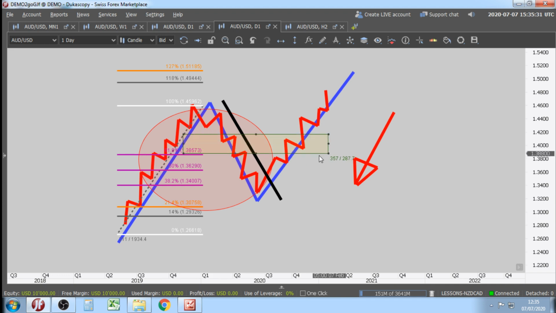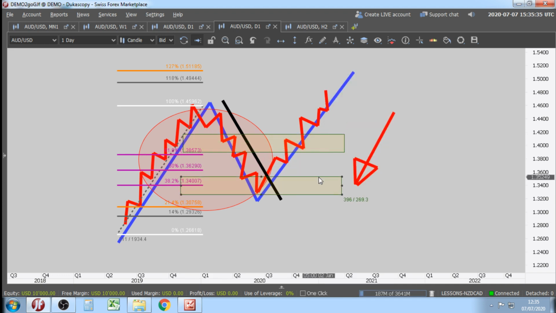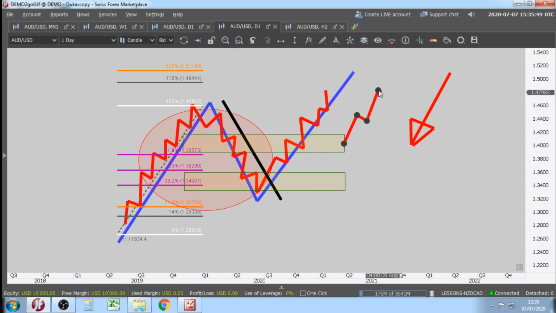You can buy here and you can buy here if you have the same convergences, but talking about the Fibonacci's, one entry is going to be a 50% entry. You still can win, of course, but it's going to be a 50% trade.